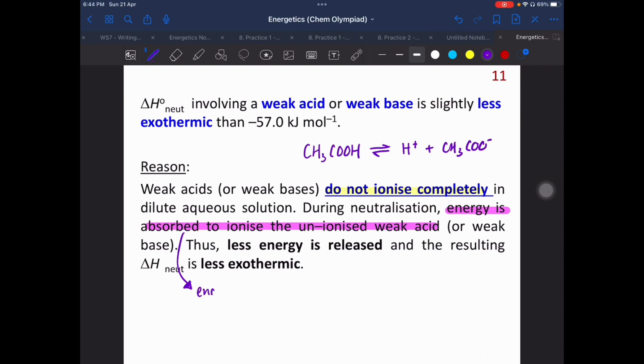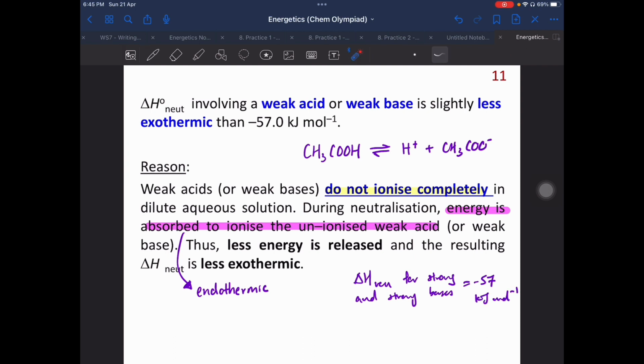So if you recall, the enthalpy change of neutralization for strong acids and strong bases is negative 57 kilojoules per mole. But for weak acids and weak bases, you need to take in some energy to help with the ionization process, so you will expect a less exothermic process.